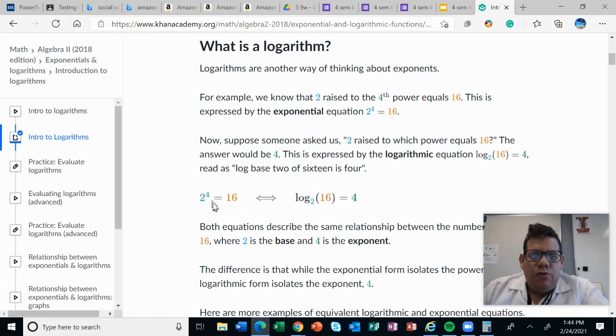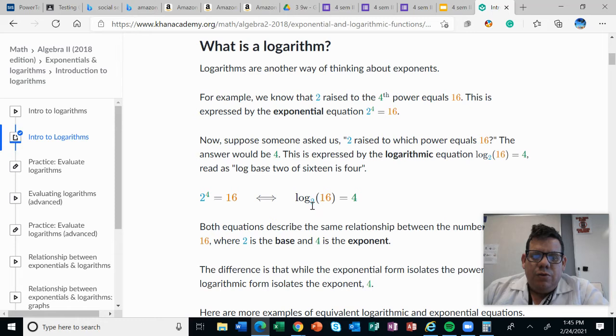So how do we rewrite from this notation, which is exponential, to this notation, which is logarithm? Let's locate all the points. The first thing that we have is log. I will show you how to do it in the calculator. Log, and then you have this 2. This 2 is the base.